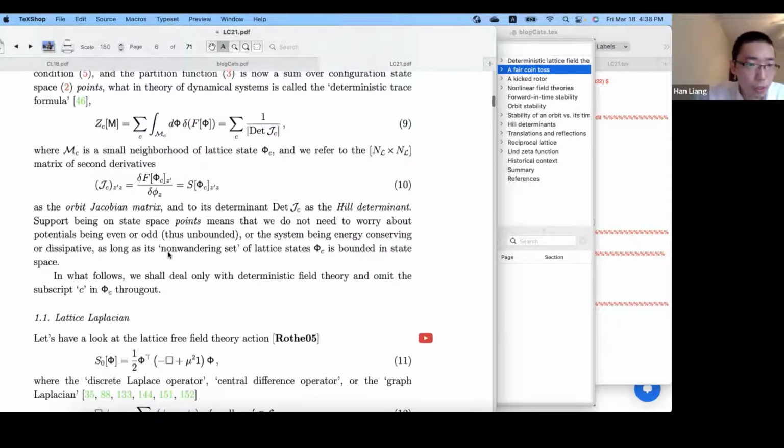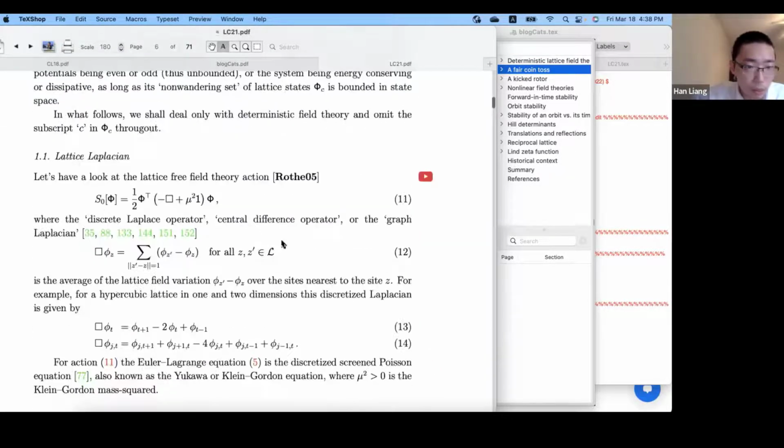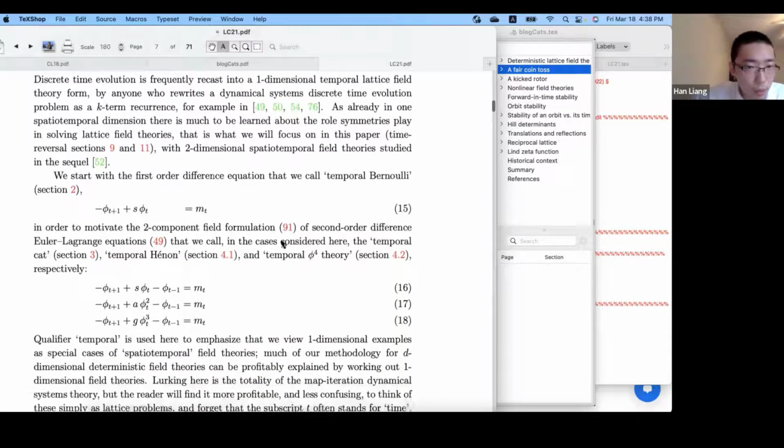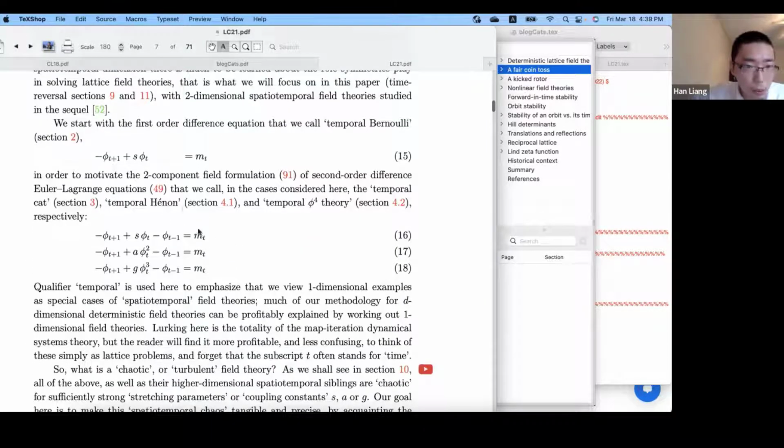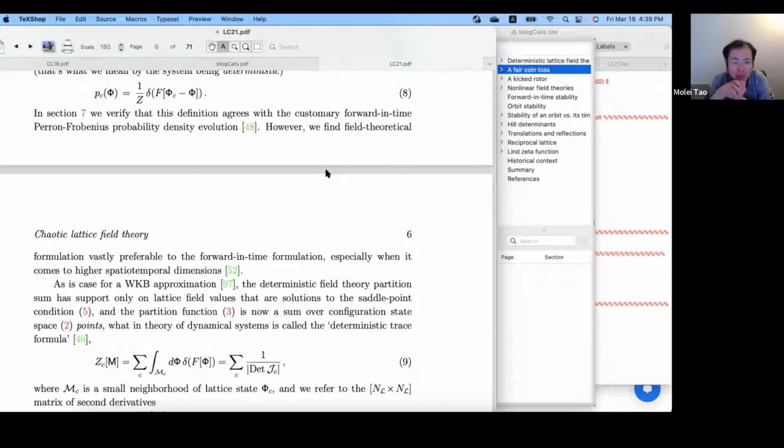If we compute the derivative of this action, we get an equation like 16. Where is the small m known? Is it given to you, or is it an unknown that you have to solve for? You're given m, and you have to find phi that satisfies that.